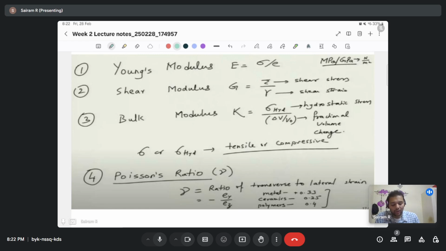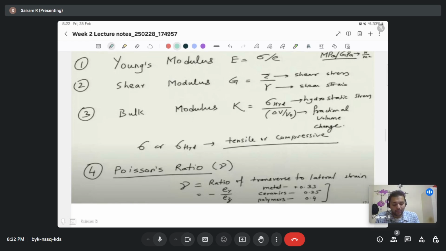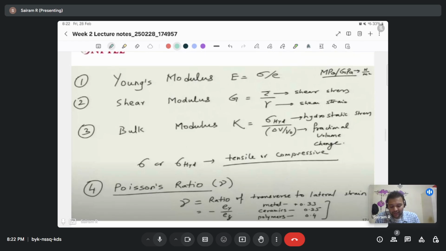We also have the bulk modulus, which is the hydrostatic stress component divided by the fractional volume change, given here by capital K, which is sigma hydrostatic by the fractional change in volume, delta V by V naught. Amongst these three, Young's modulus, shear modulus, and bulk modulus, the stress or the hydrostatic stress can be tensile or compressive in nature.